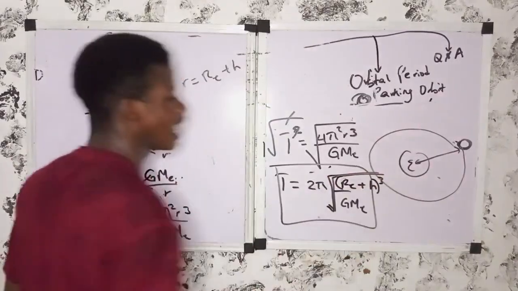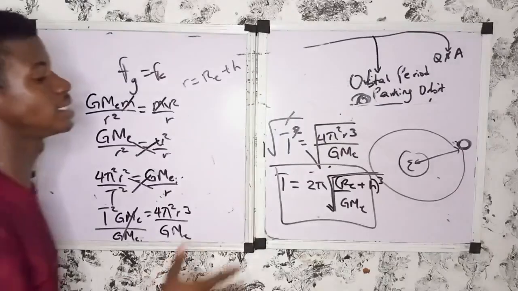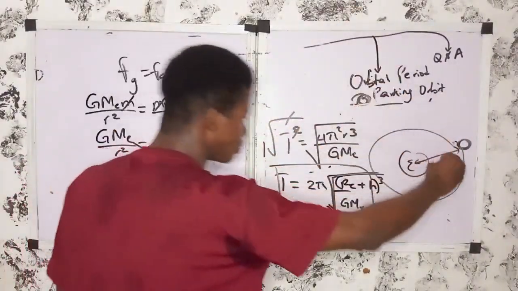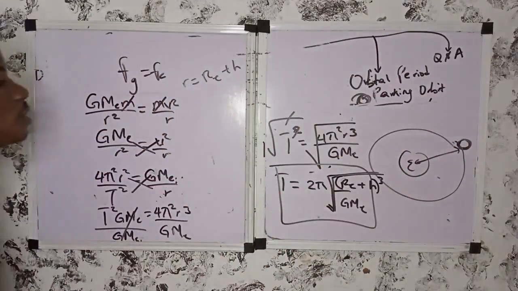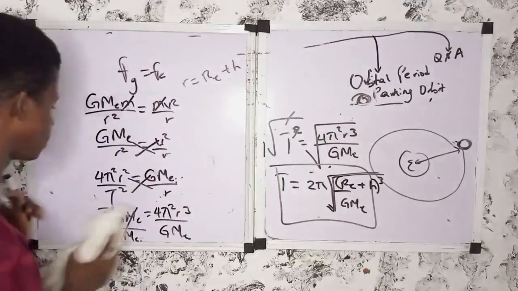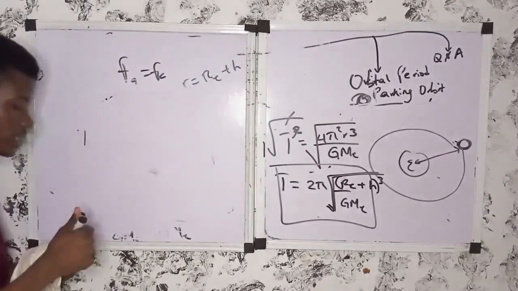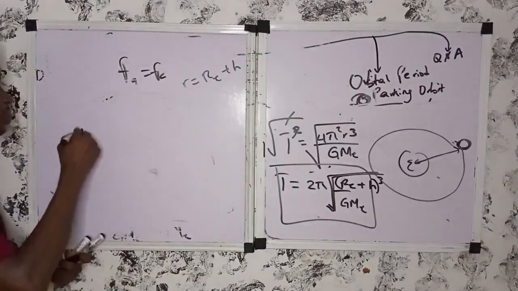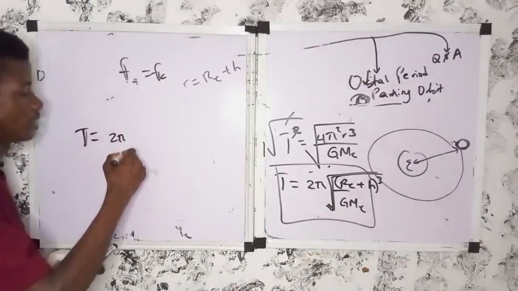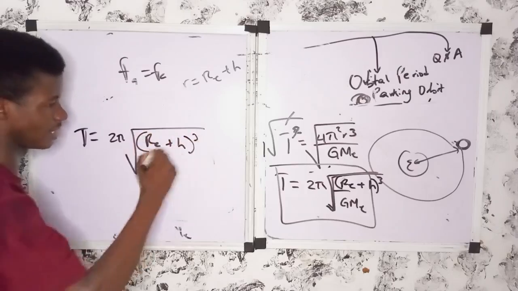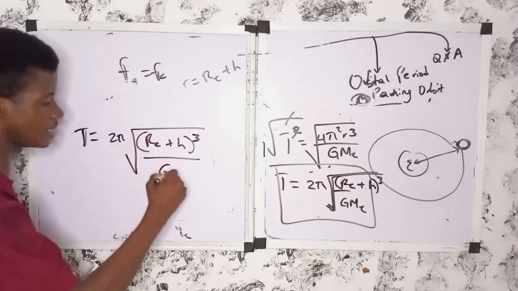Yes, all cubed. That is when the satellite is at an altitude away from the Earth's surface. So the orbital period is 2π times the square root of (R_E plus h) all cubed, then divided by GM_E.